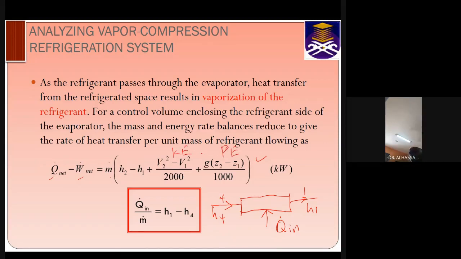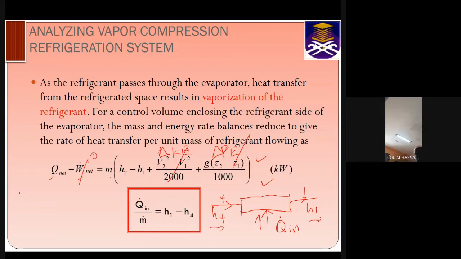But again, for all control volume systems, we always assume that the change in kinetic and potential energy terms is equal to 0. So this goes out of the equation immediately. Also, if you look at this diagram, there is no work input. We only have fluid coming in, fluid going out, and heat coming into the system. So W net also equals 0.